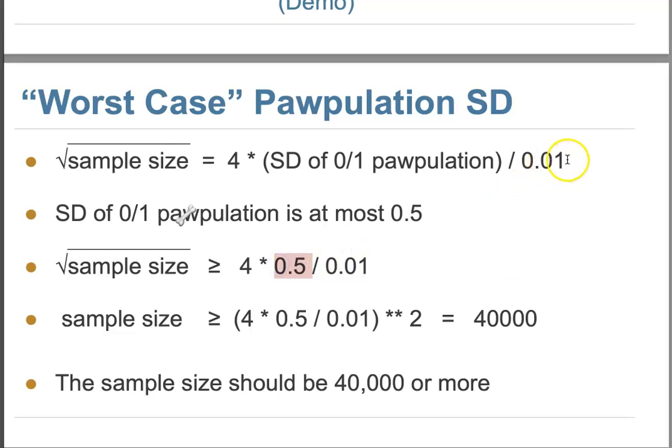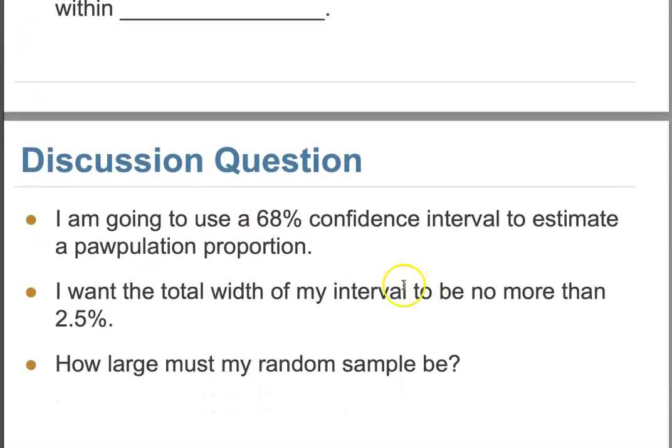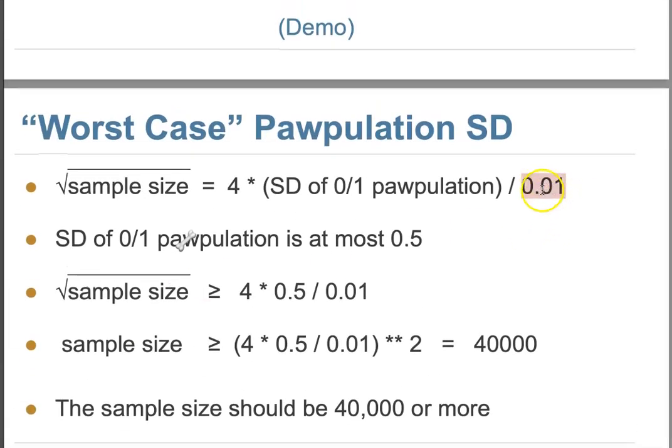Since they want the total width of the interval to be no more than 2.5%, you replace this with 0.025.